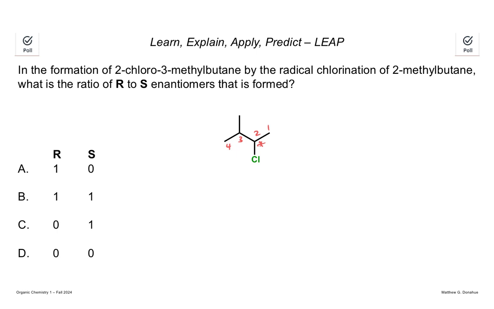So the intermediate, again, is achiral. So when that radical reacts with chlorine, it will do it from the top and the bottom face equally. So you would generate a 1-to-1 mixture of R and S.